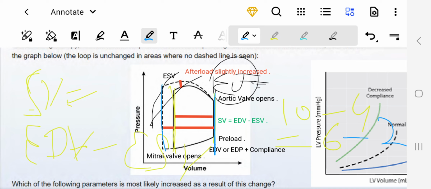So 10 minus 2 gives us 8. Initially it was 6, but now it is 8, so the stroke volume has increased.